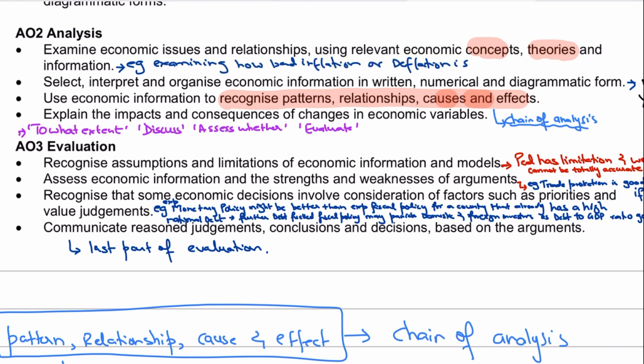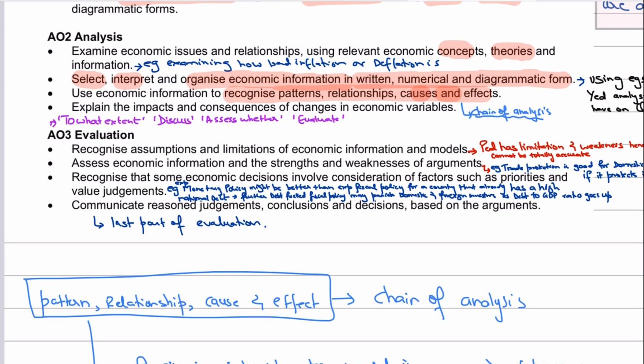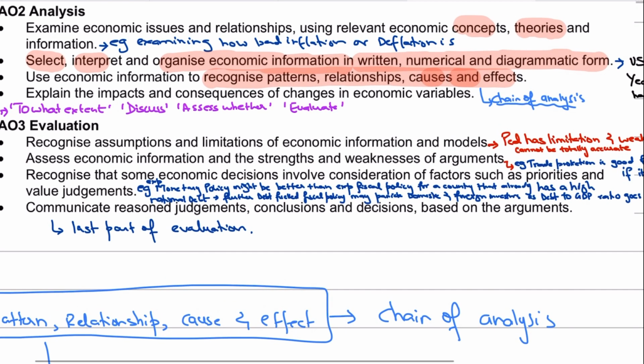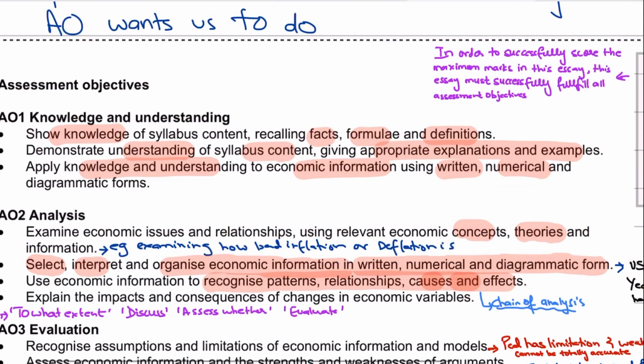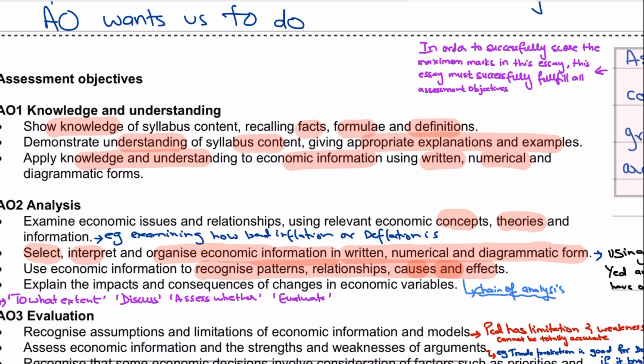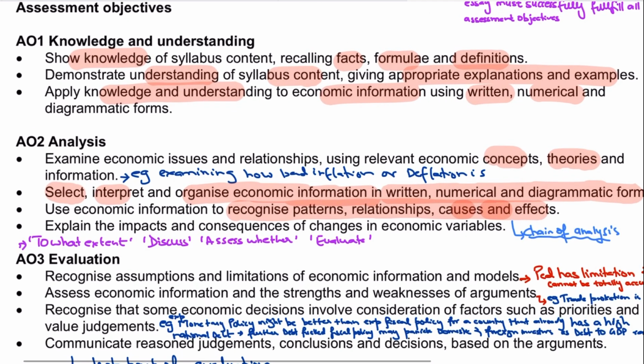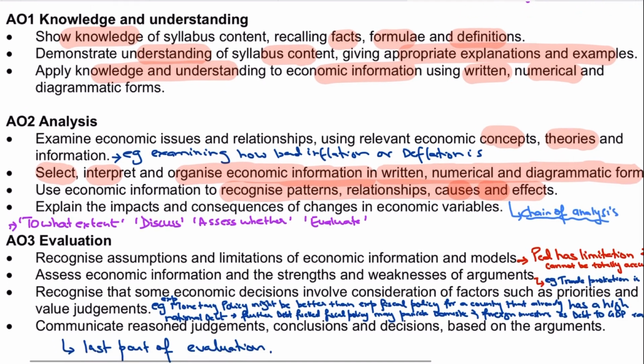Then, the fact that you select, interpret, and organize economic information in written, numerical, and diagrammatic form. This also involves analysis, where you provide your core diagrams, which are very helpful in analyzing the narrative. So, for example, a basic diagram regarding actual growth and economic growth would form part of assessment objective 1.